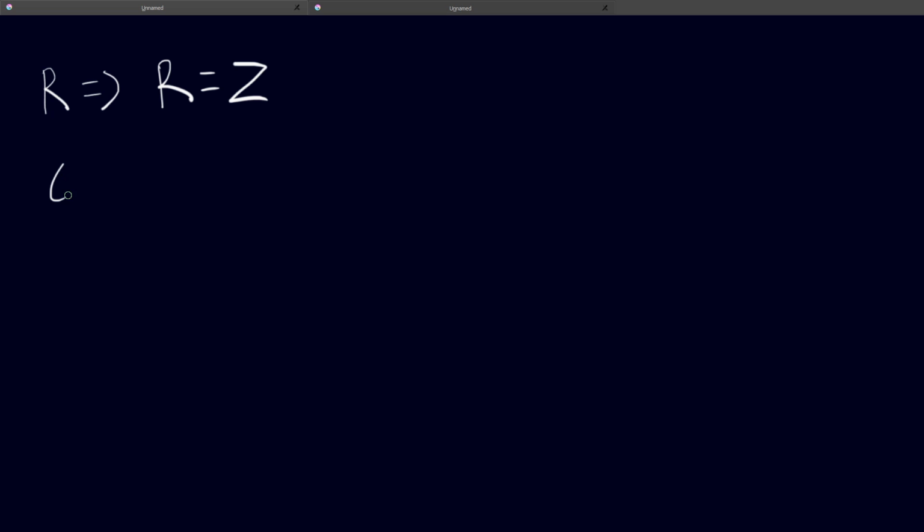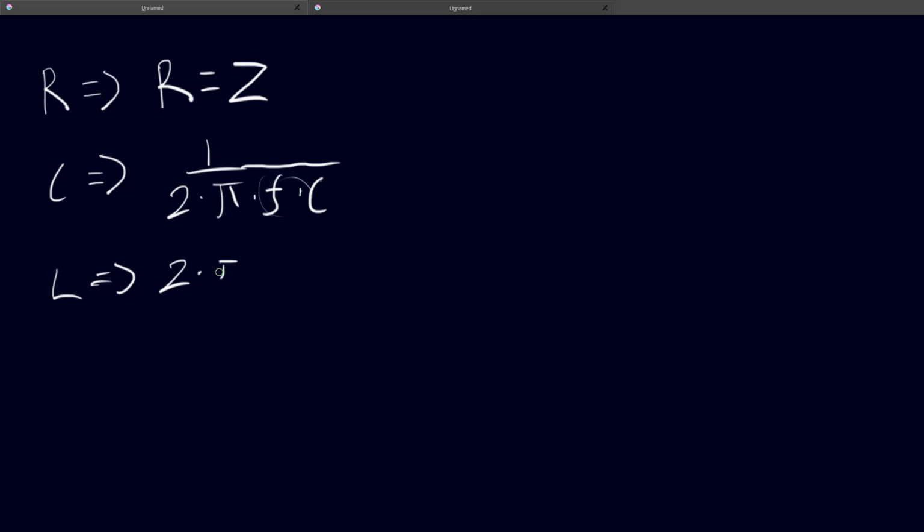But for the capacitor, the formula becomes 1 over 2 times pi times the frequency times the capacitance C. Now notice this, it's dependent on the frequency. And if you want to find the impedance of an inductor, the formula becomes 2 times pi times the frequency times L.